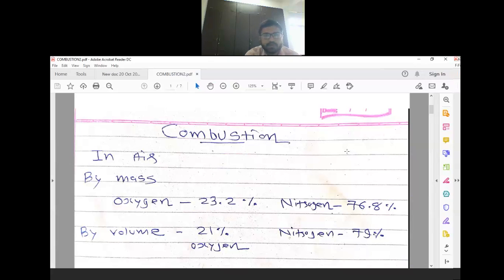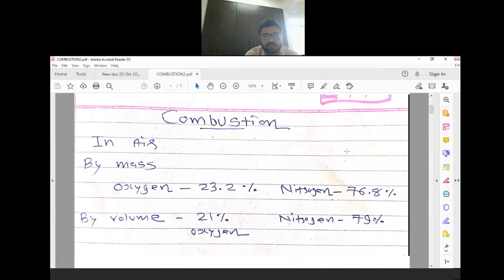Before that, this is the composition of air. Suppose we take the example of air. Now in air, according to mass, this is the percentage: 23.2 percent oxygen and 76.8 percent nitrogen.